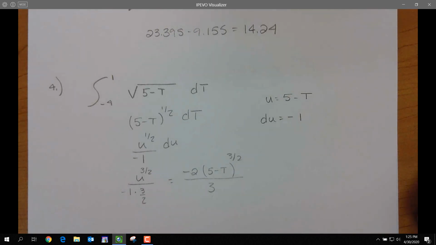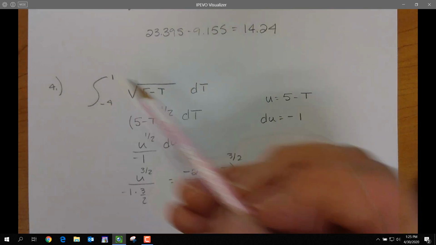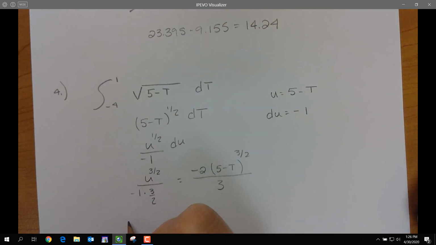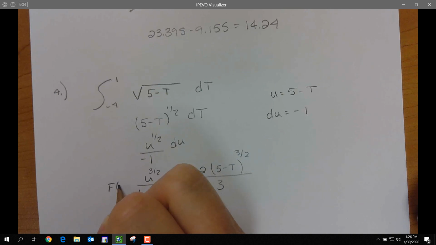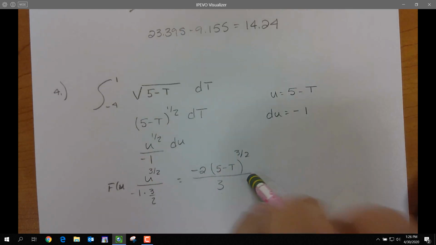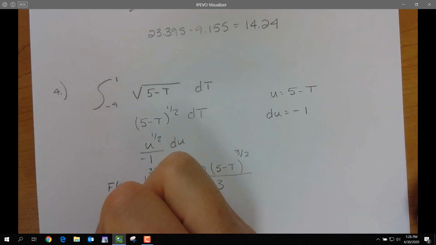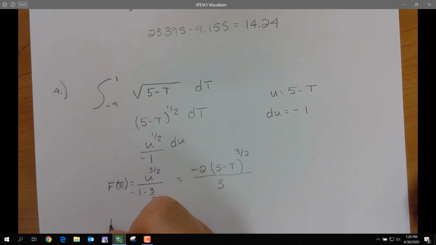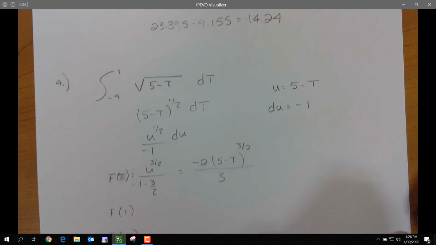Then what do we have to do from here? We have to put in our values of negative 4 and 1. So this is our capital F of t. So we're going to do capital F of 1 and capital F of negative 4.